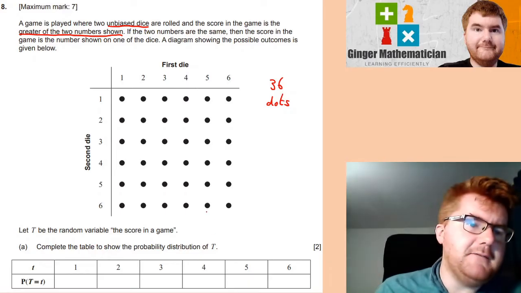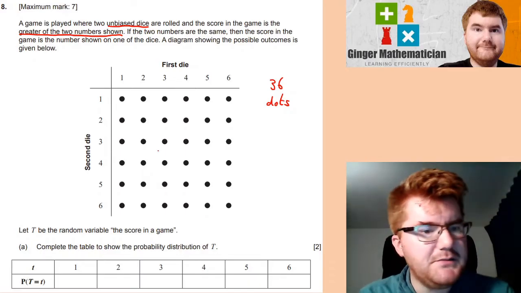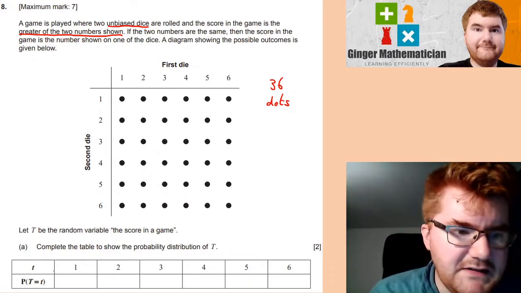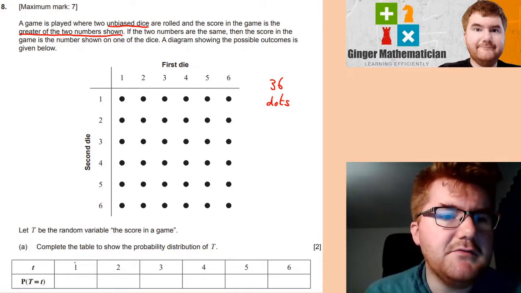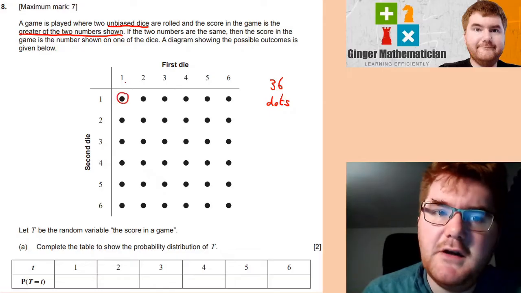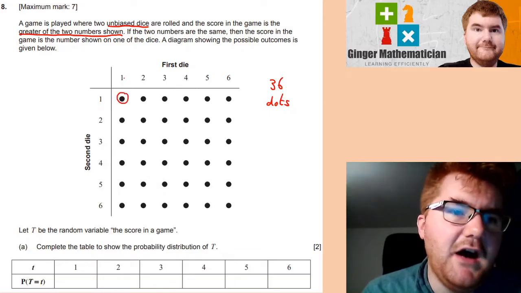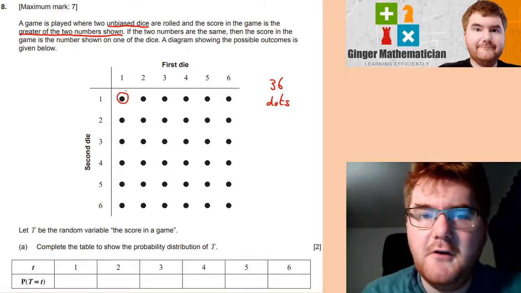And a lot of students get confused here just by the unfamiliar nature of this, but let's break this down. So when t is equal to 1, we want to work out all the results where the answer is 1. Well, there's only one result here, because when the first dice is 1 and the second dice is 1, then the highest number from these is 1. And that's the only situation of that.